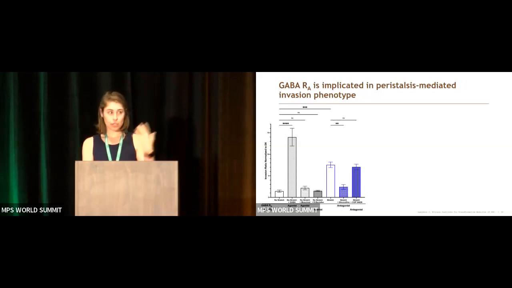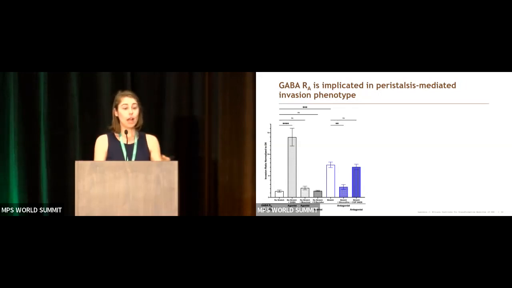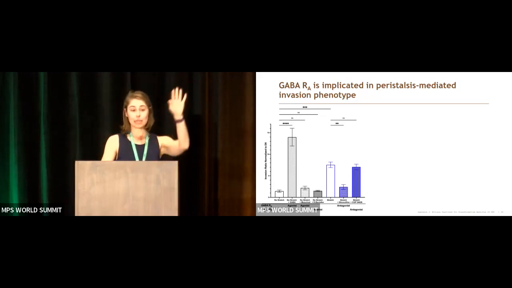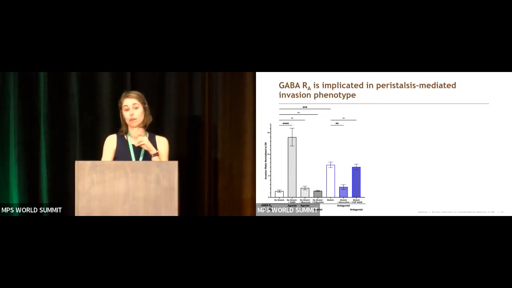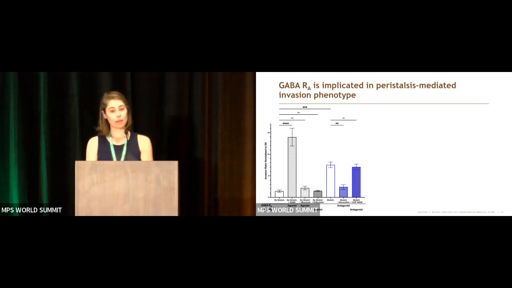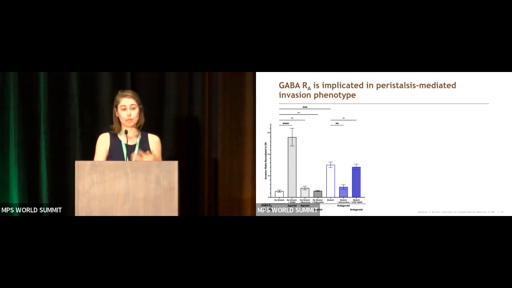So we have lots of invasion, tumor cells invading into the bottom channel. And when we block that with a GABA receptor A antagonist, we can see that the invasion drops significantly, which we do not see with a GABA receptor B inhibitor, suggesting that this is a GABA receptor A mediated response.